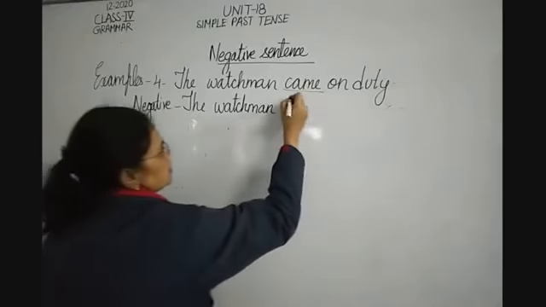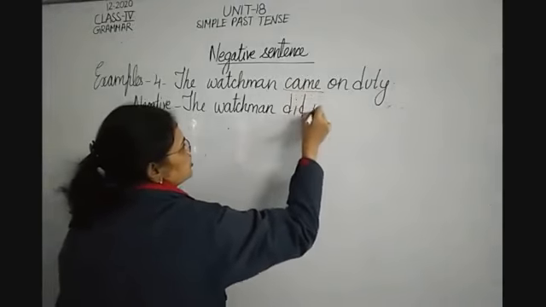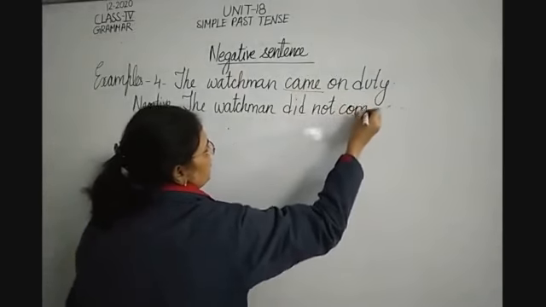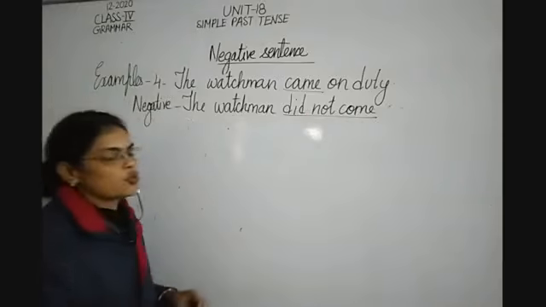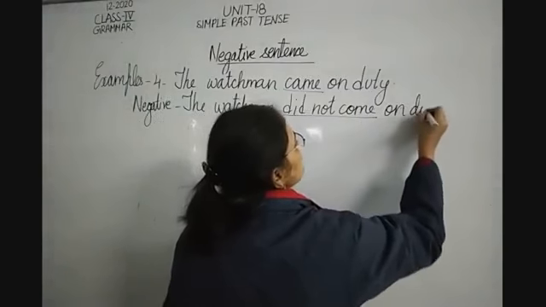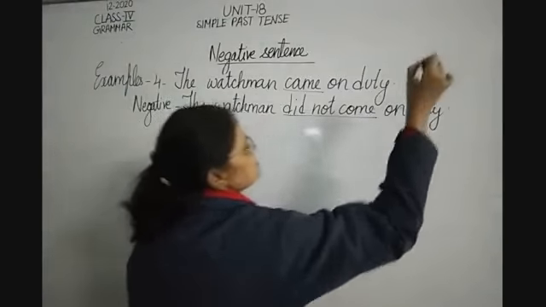So the watchman, subject के बाद did not, the root form of came is come. So the watchman did not come on duty. This is the negative sentence.